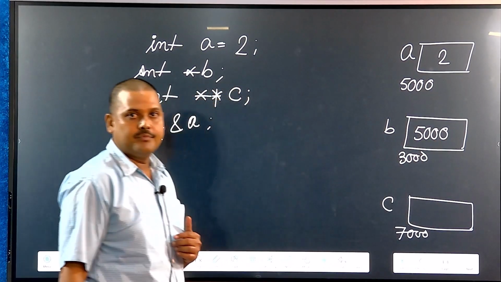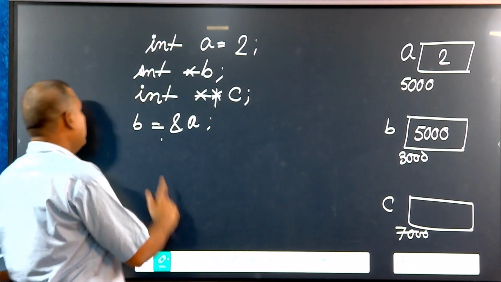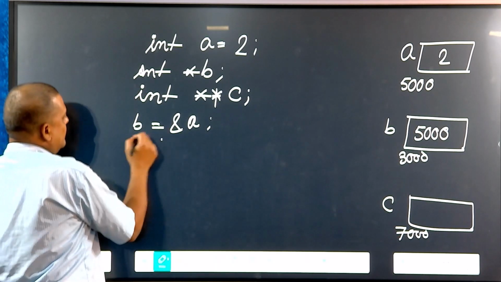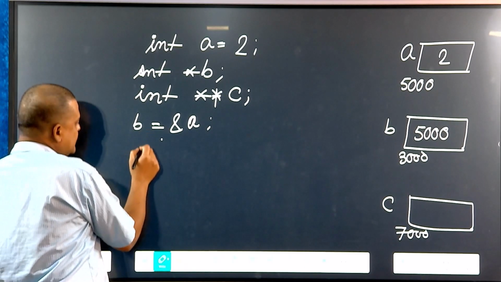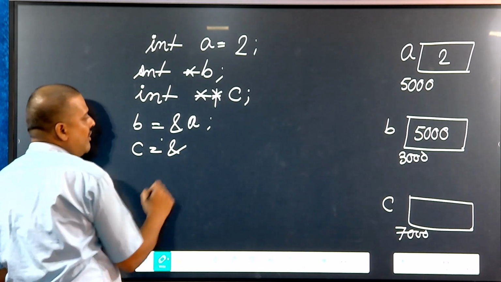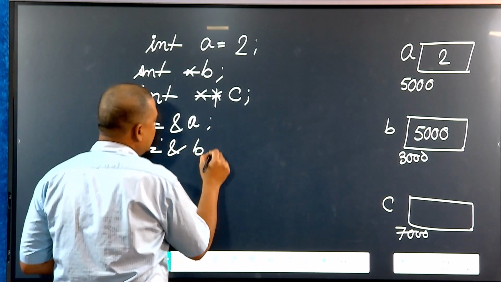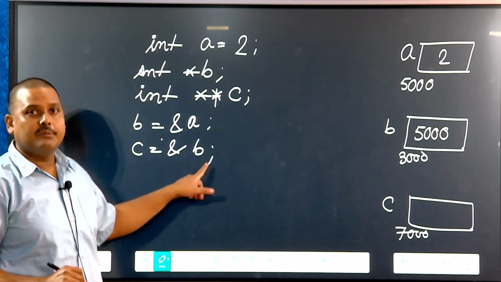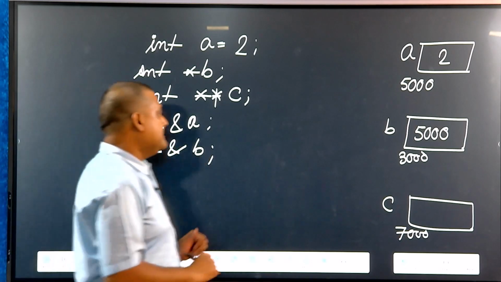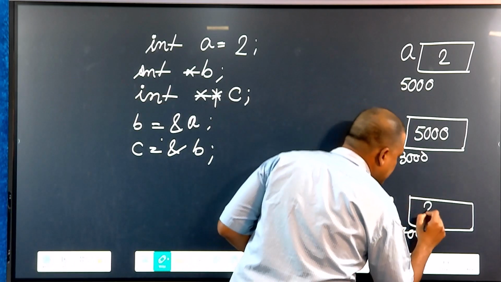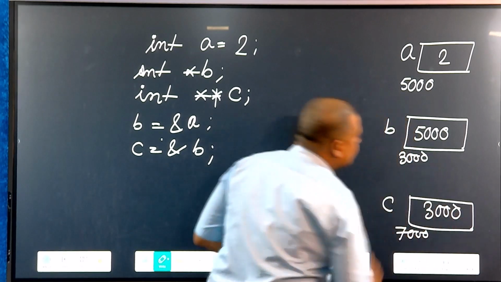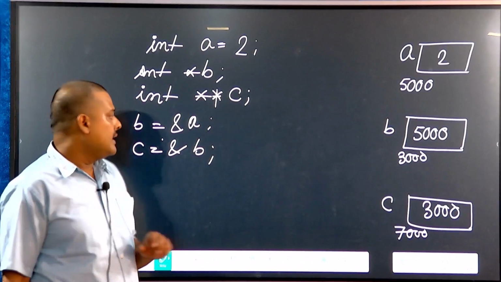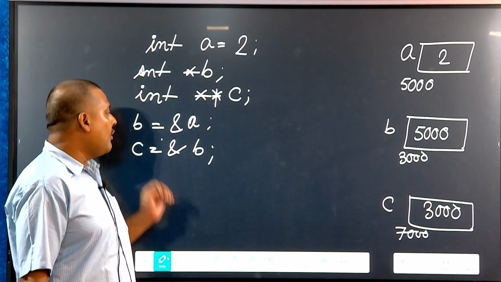Okay, this is 5000. Now again we are writing c equal address of b. Then what will happen? What is the address of b? Yes, you are correct, the address of b is 3000. Okay, now we have stored all these things.